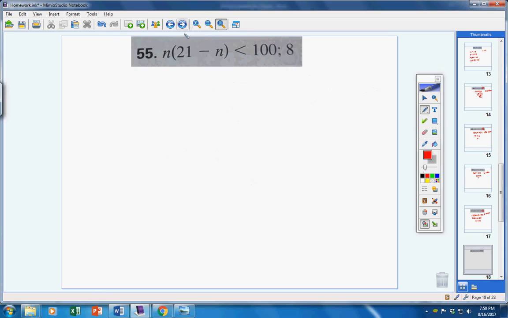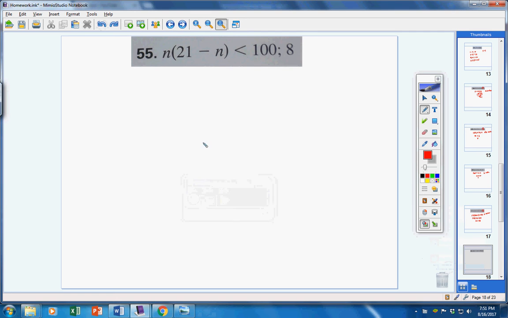Alright, 55, here we go. We're going to test the number 8. So here's an n. I'll put parentheses and I'll put 8. Here's an n. 21 minus 8 less than 100. First of all, this parentheses here is simplified down to one number. However, this parentheses over here is not simplified down to one number.